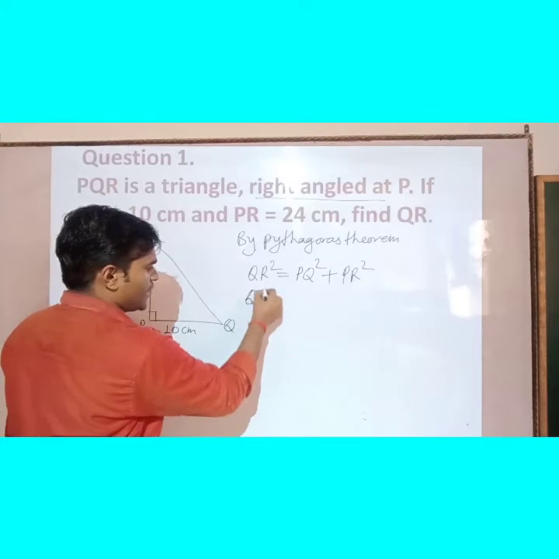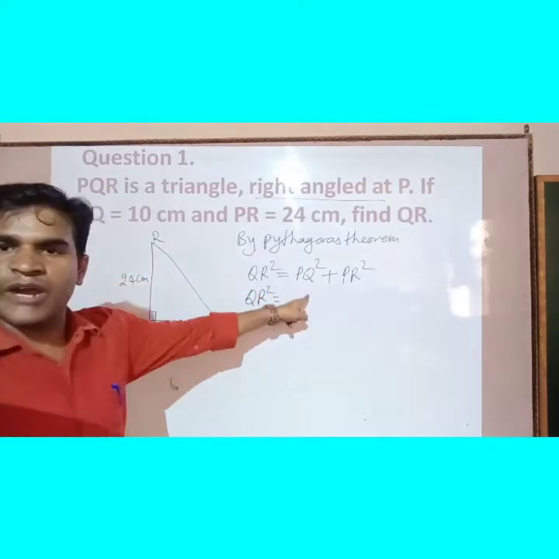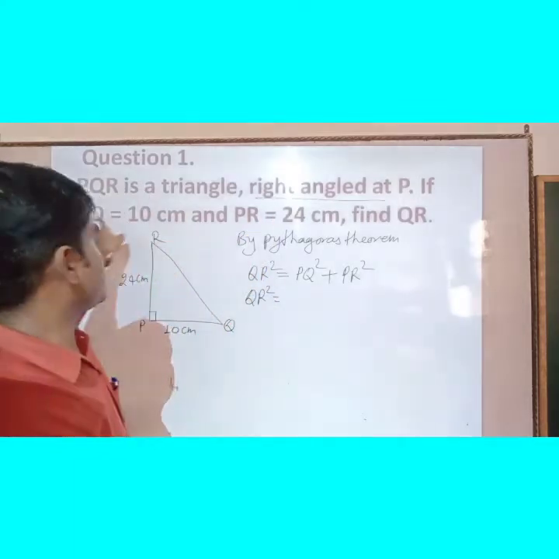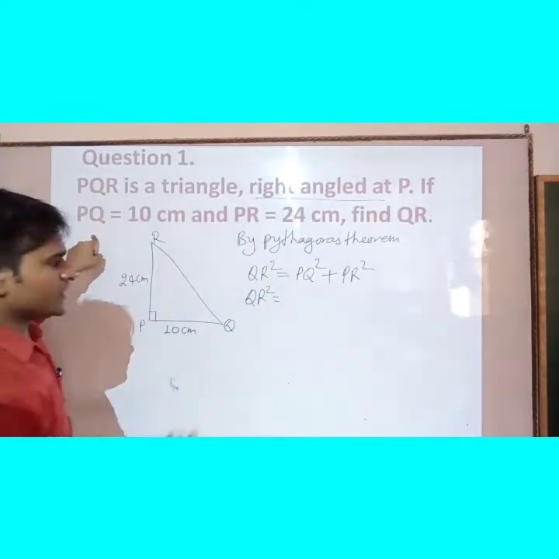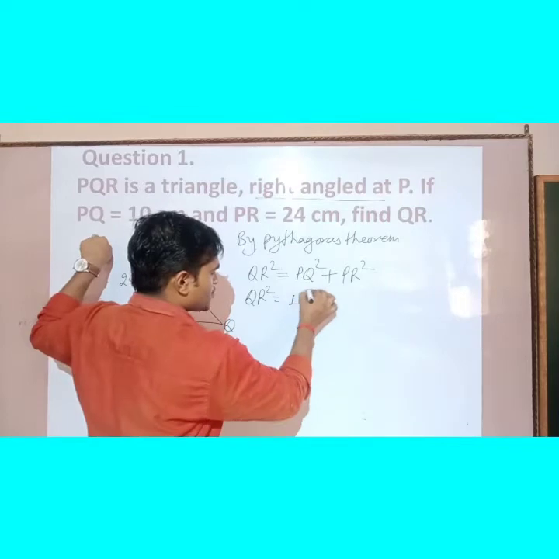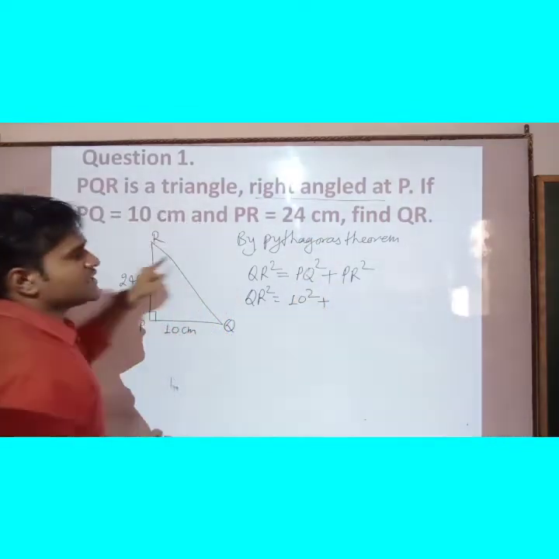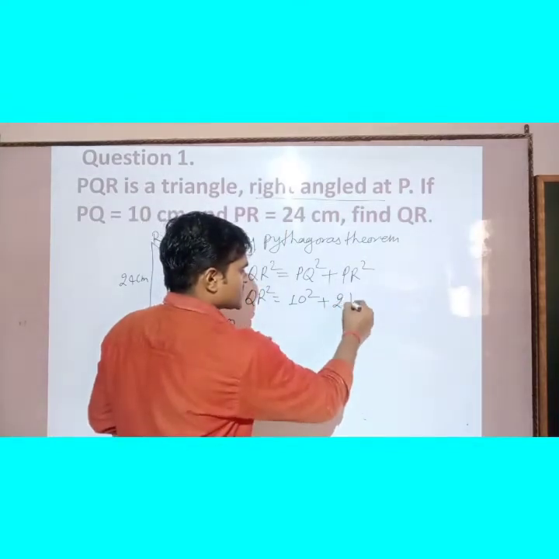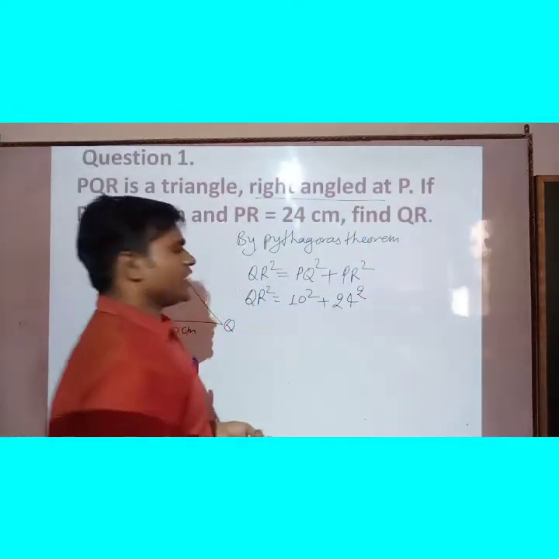So children, QR is equal to, what is the value of PQ? Value of PQ which is given here is 10 centimeter. It means square of 10 plus square of 24.